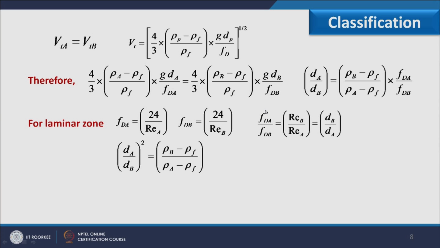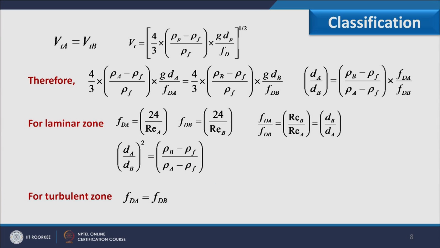So, finally, FdA by FdB we can write as dB over dA. Therefore, when we put FdA by FdB from this equation to here, we can write the final equation as (dA by dB) squared, which is equal to (rho B minus rho F) divided by (rho A minus rho F).